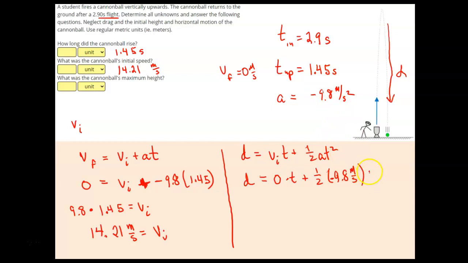Time is 1.45 seconds to make either the journey up or the journey down, squared. Okay, I multiply this times this times this, and the sign's going to be negative because that's how far it fell downward from its highest point. But I know that is the distance it fell through, so I could just consider that to be positive and plug it over here.